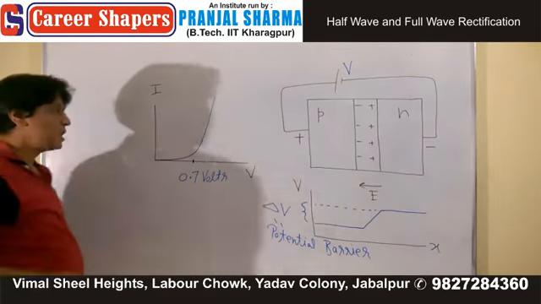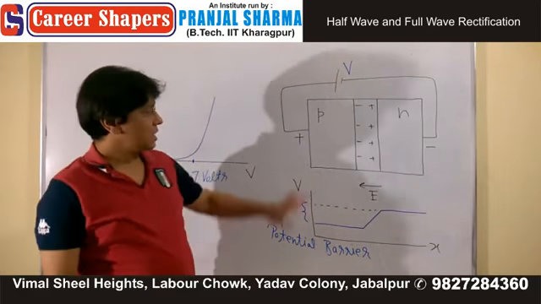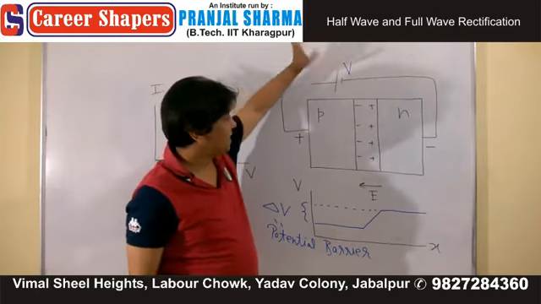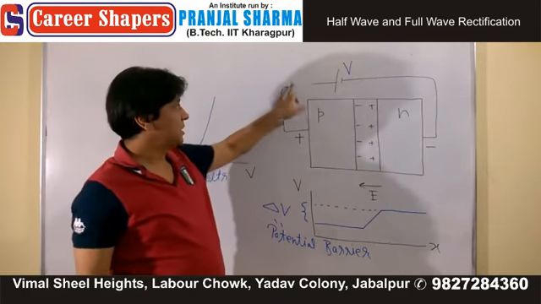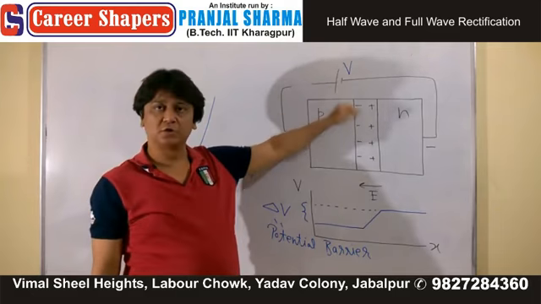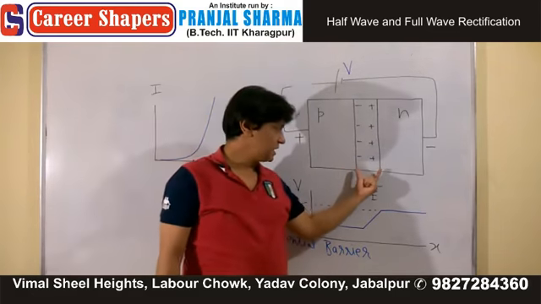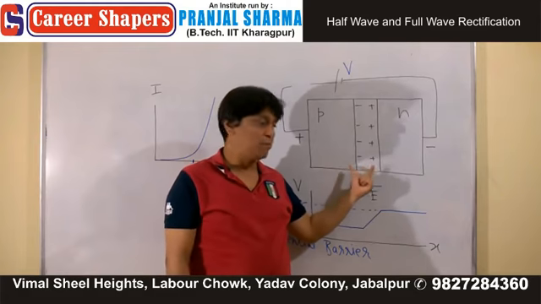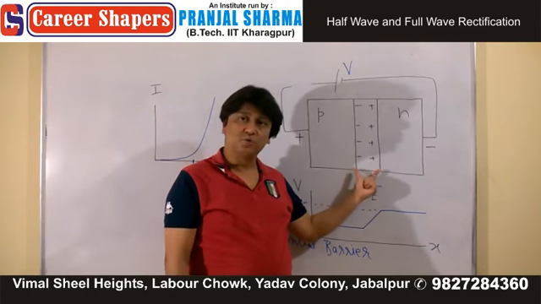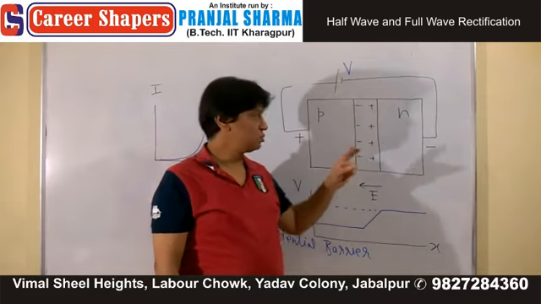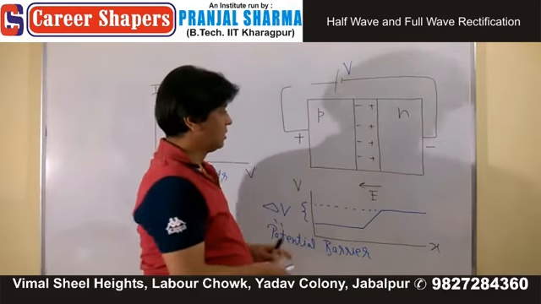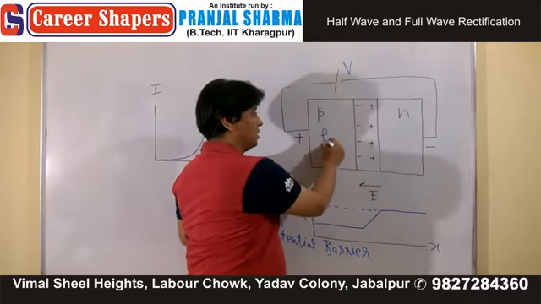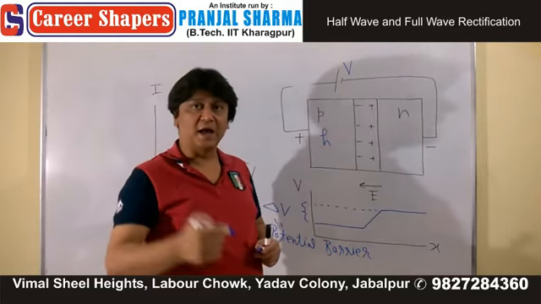Now, if I remove the battery, if you remove the external source, this is the depletion layer. Now, what is happening at this moment? At this moment, only those holes which are highly energetic.